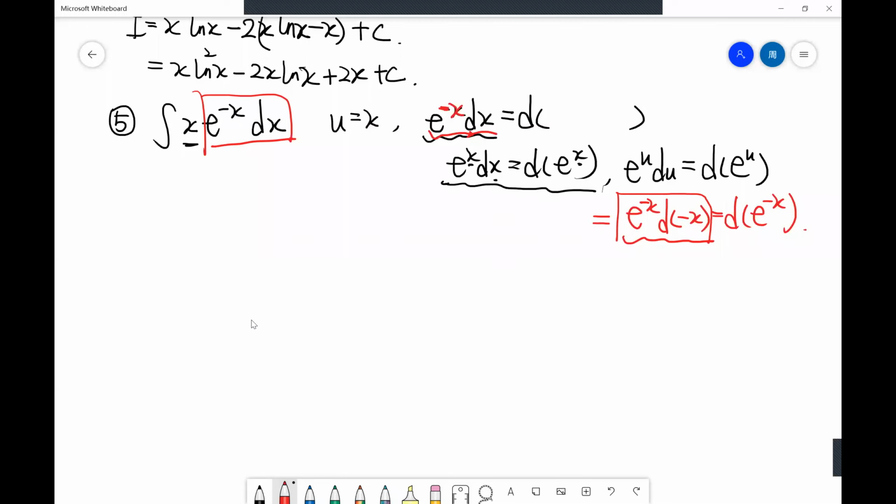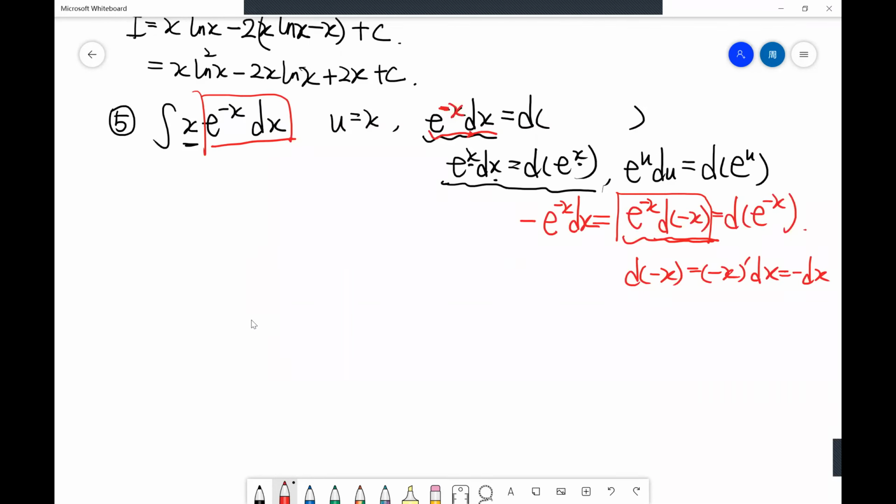So we should know that d of minus x equals (minus x) prime dx. So it should be minus dx, right? So that is minus e to the minus x dx here.